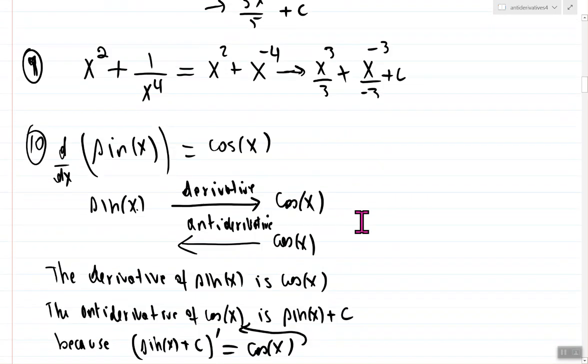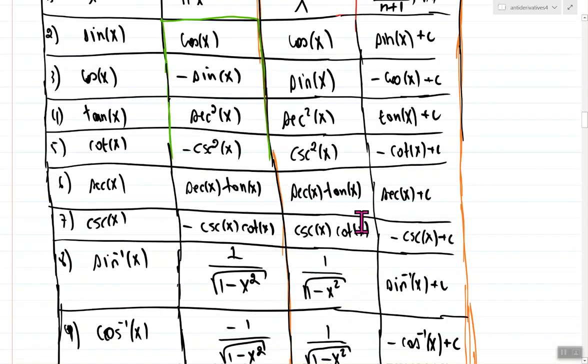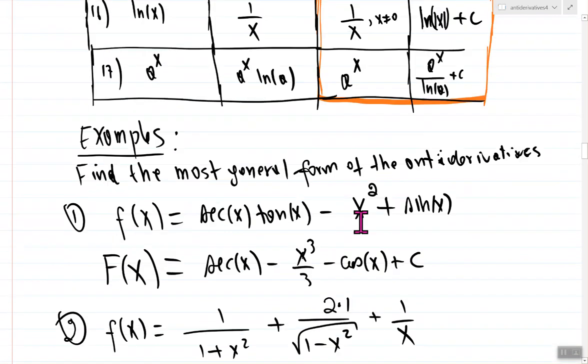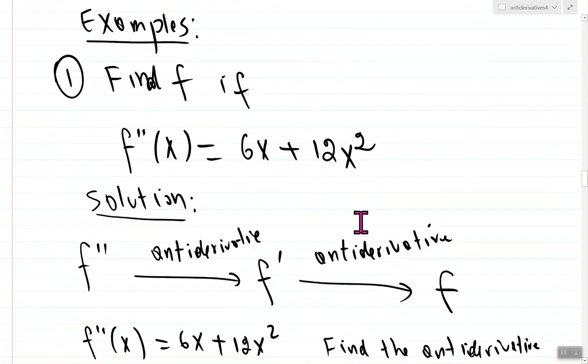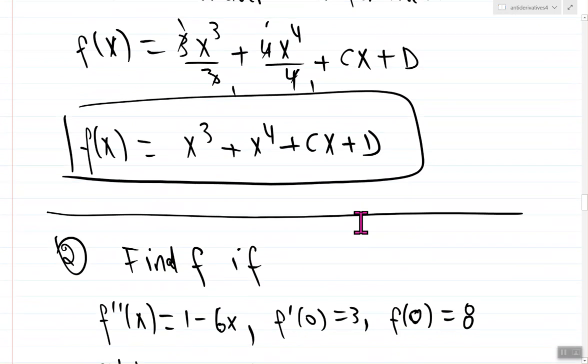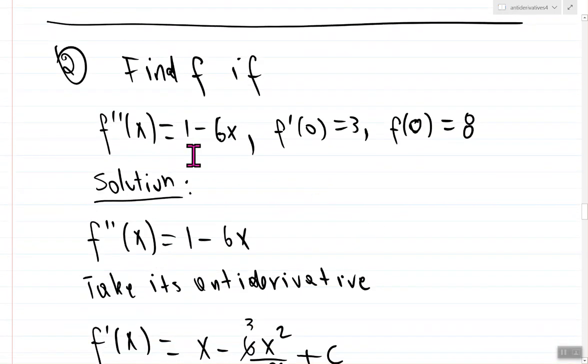So we'll proceed with this new example. We are given the second derivative of the function f of x, which is 1 minus 6x, and they give us this condition f prime of 0 equals 3, and they give us another condition f of 0 equals 8, and the question is to find the function f.